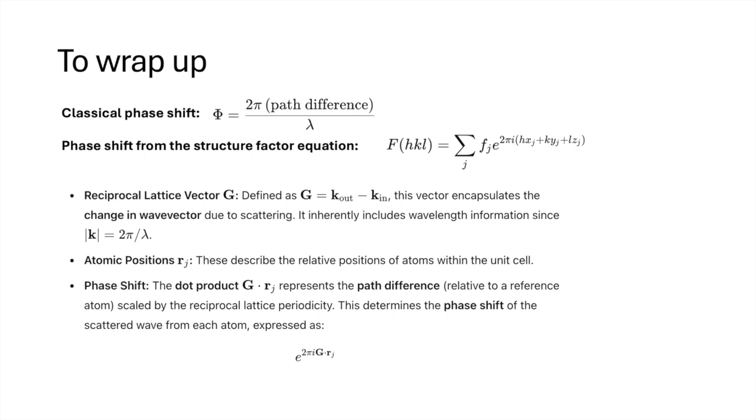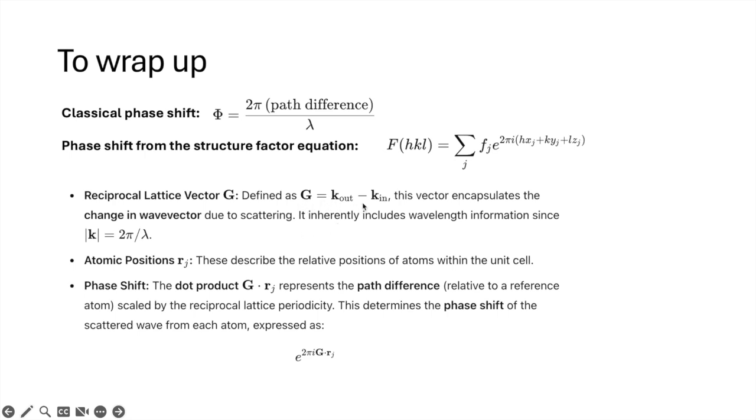To quickly wrap up what we have discussed in this video, in classical wave mechanics, the phase shift phi can be defined as 2 pi path difference over lambda. In the complex form or exponential form, the phase shift is expressed as g dot r.